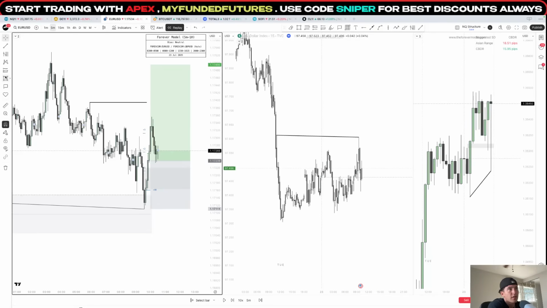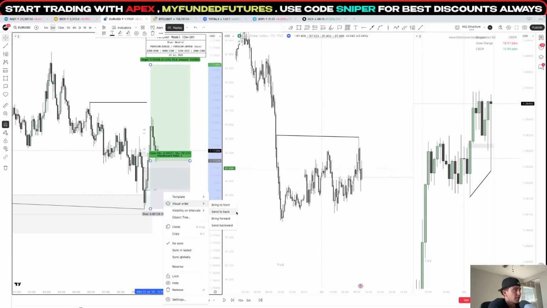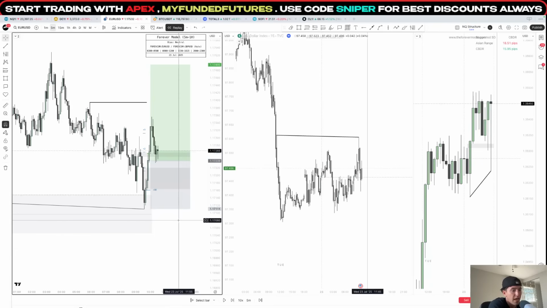I wouldn't use the entire wick of this for being a breaker. I would have just been in at the body like this. So I would have bought here if I missed the inverse fair value gap. So that's the breaker entry with the inverse fair value gap entry and the order block entry here. That's 3 different ways you would be able to capitalize on euro.